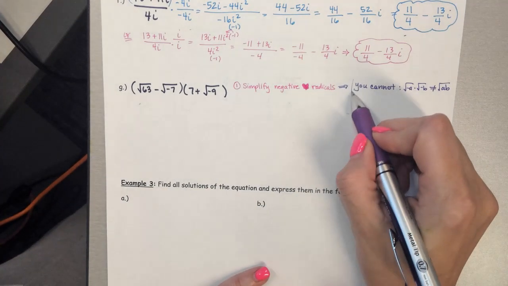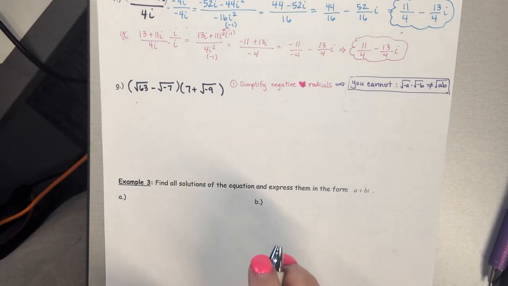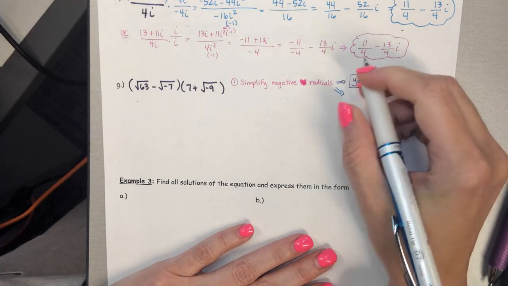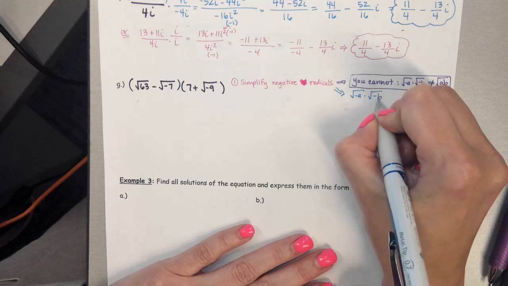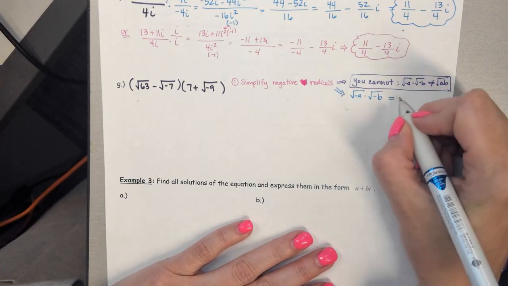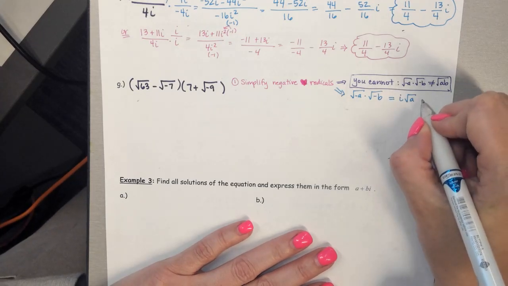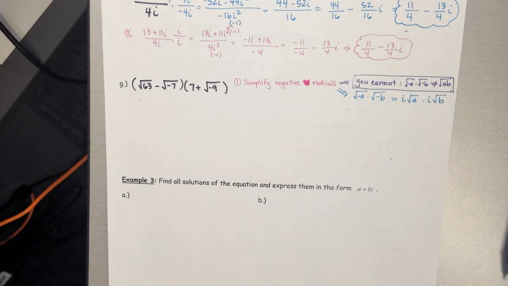So you cannot do that. What you can do is the square root of negative a times the square root of negative b is the same thing as taking an i times root a times an i times root b.